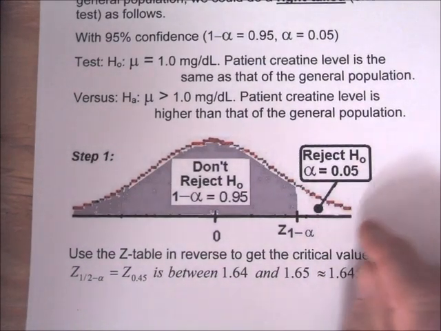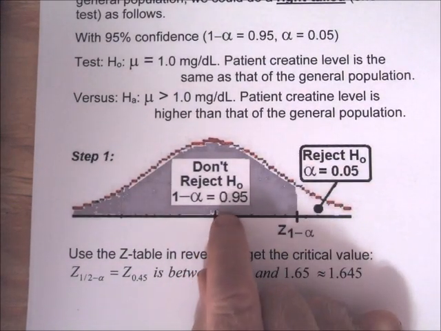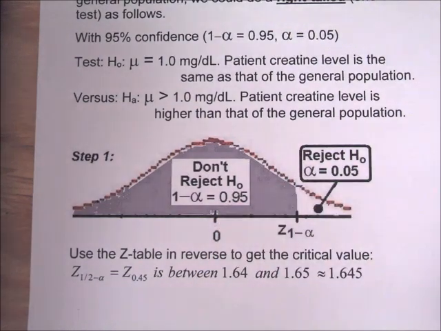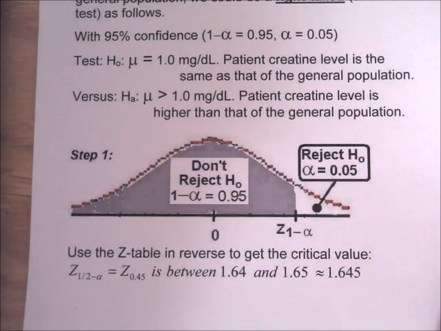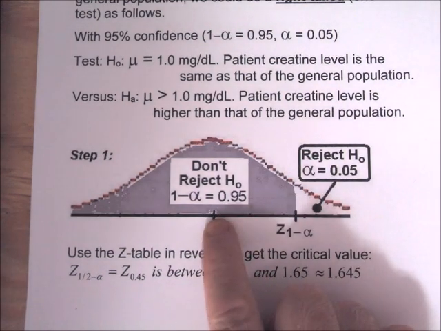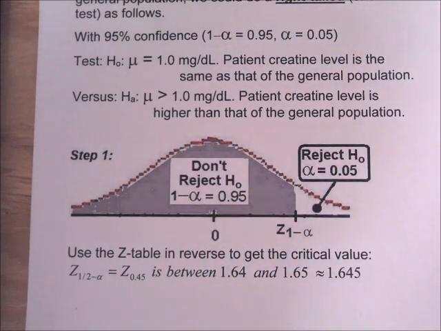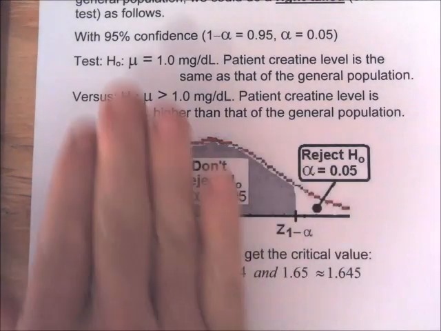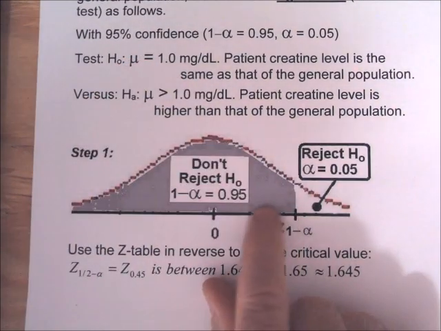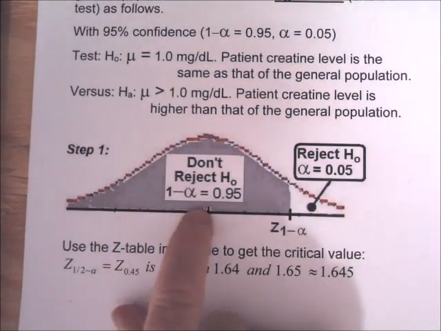and so the number that we want to look up in the table is 0.95 minus 0.5. Our table only has probability for the upper half, so it's not going to have the lower half, 0.5.